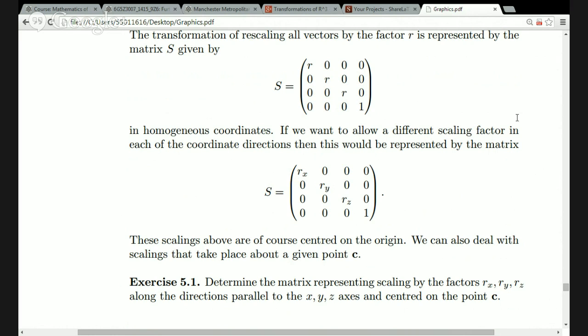Now you could perform a scaling with some other point as the fixed point. So you could choose some point away from the origin and either shrink everything back towards that linearly or expand everything out from that point linearly by some scaling factor. So then you'd have to think about what the matrix for that would be.